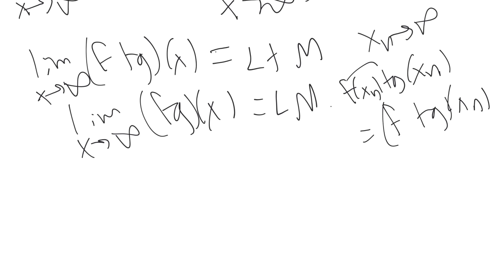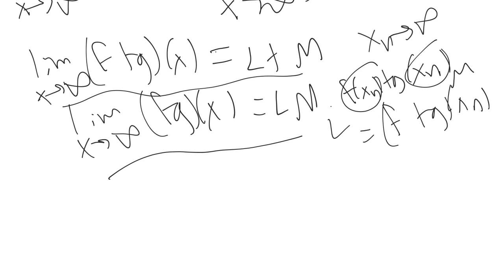And so you know these limits both exist and are L and M. And you have this fact from sequences that if you take two convergent sequences, you can add them or whatnot. And same thing with product. So that's all they're having you do there, is use sequence facts. It kind of seems unnecessary to me, but the takeaway from 9 is that you should know that for horizontal asymptotes, you can do sums and products like you want.